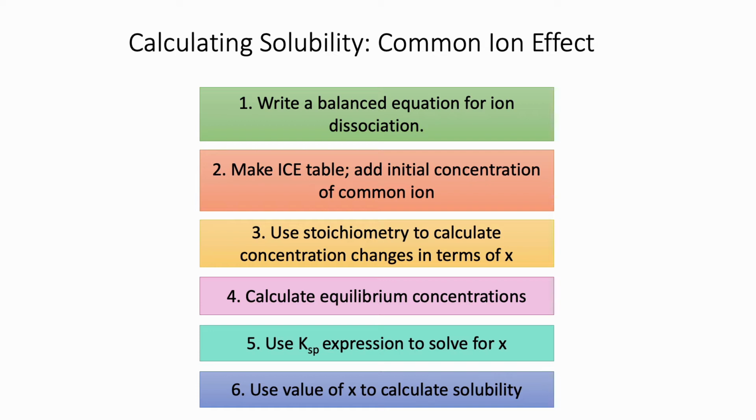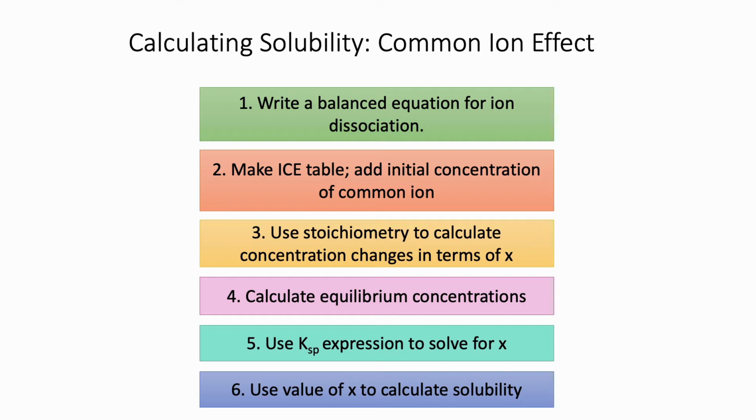Third, use stoichiometry to calculate concentration changes in terms of X. Fourth, calculate the equilibrium concentrations given initial concentrations and the concentration changes. Then you plug those concentrations into the Ksp expression and solve for X. Then the value of X that you get is the molar solubility.